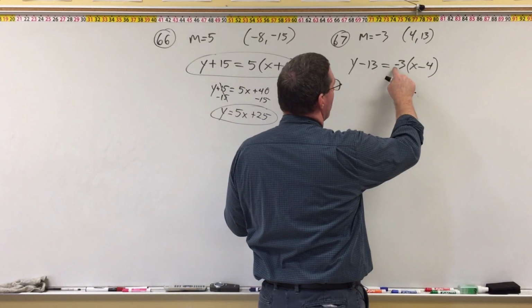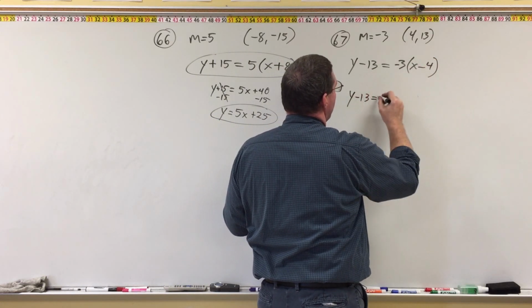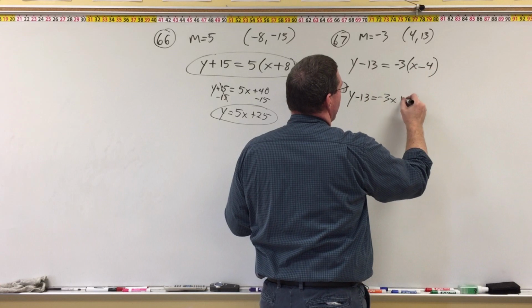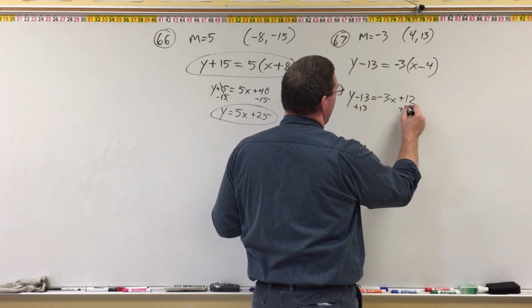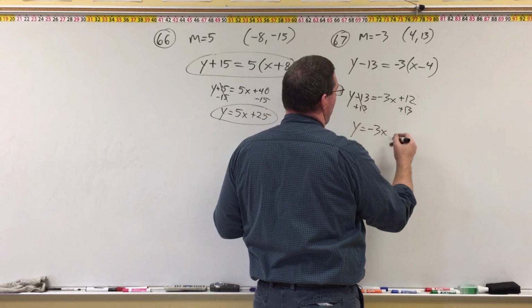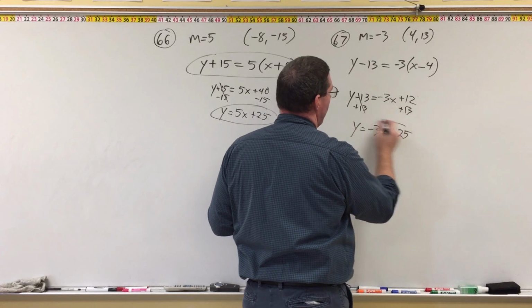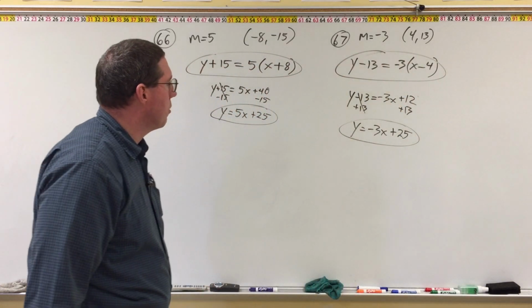To get slope intercept form, we're going to distribute the -3. We'll have y minus 13 is equal to -3x, -3 times -4 is plus 12. And we're going to add 13 to both sides. Cancel, and y is equal to -3x, 12 plus 13 is plus 25. There's our slope intercept form. There's our point slope form. And we're done with 67.